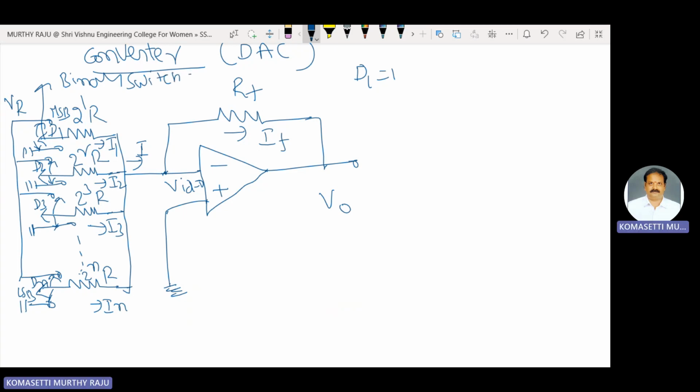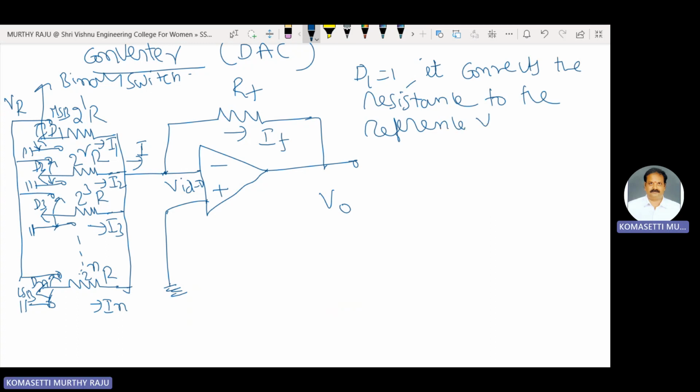If the binary input to a switch is 1, that is, D1 is equal to 1, it connects the resistance to the reference voltage VR.